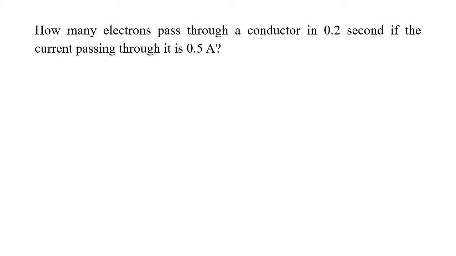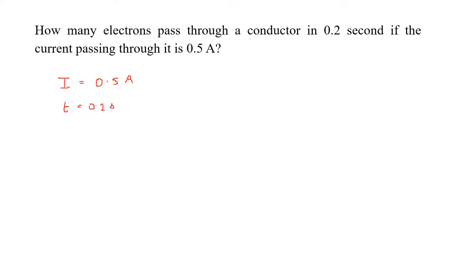The next numerical is: how many electrons pass through a conductor in 0.2 second if the current passing is 0.5 ampere? Here the current given is 0.5 ampere and the time given is 0.2 second.